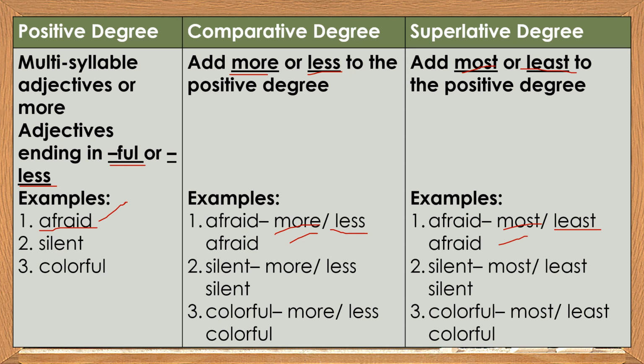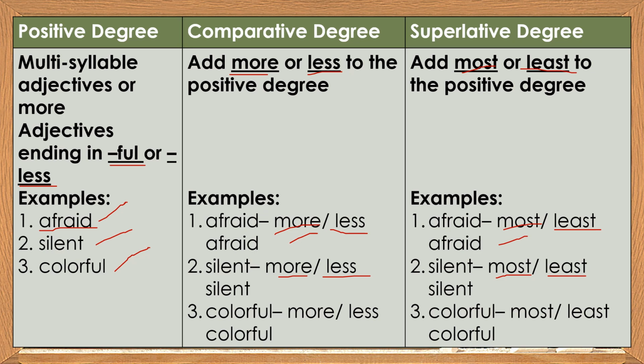Another example is the word silent. We can say under the comparative degree, more silent or less silent. And for the superlative degree, we can say most silent or least silent. Another example, we have the word colorful.